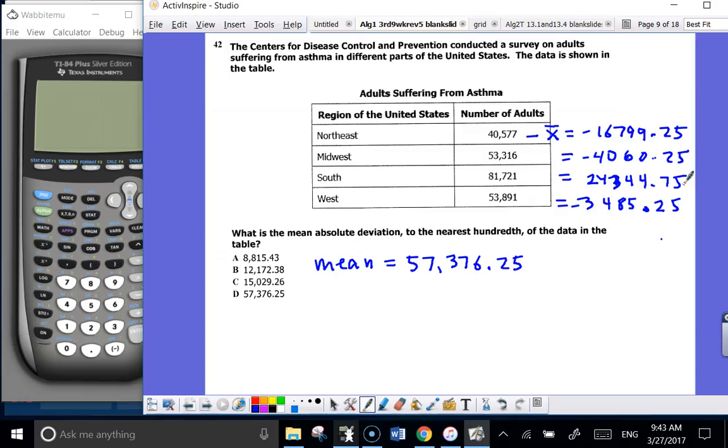So the absolute part means we're only interested in positive differences from the mean. So add all those up and divide by 4. Just eliminate the negatives and add them up like they're all positive numbers.